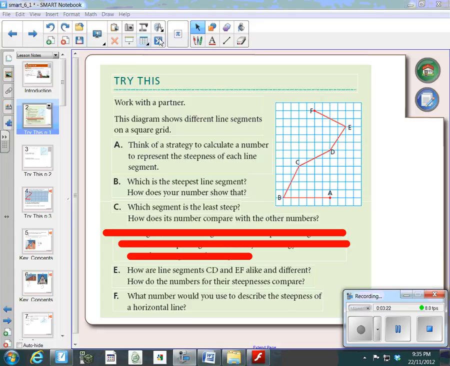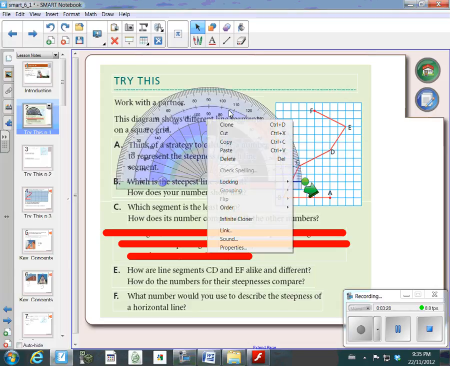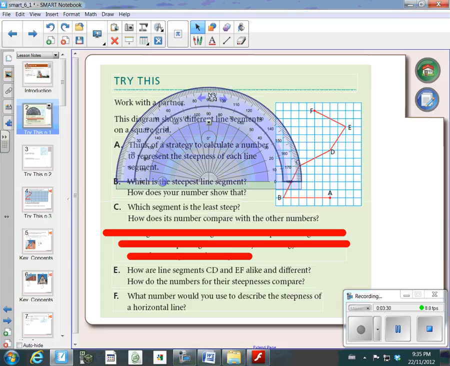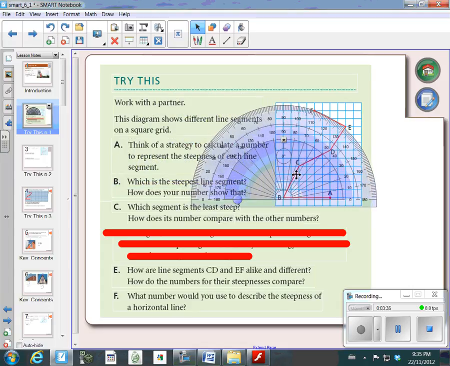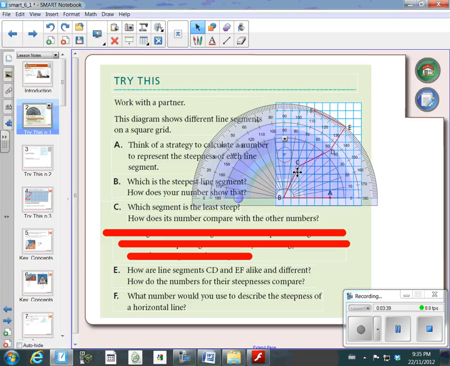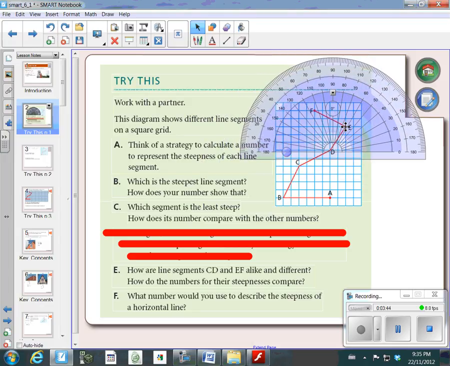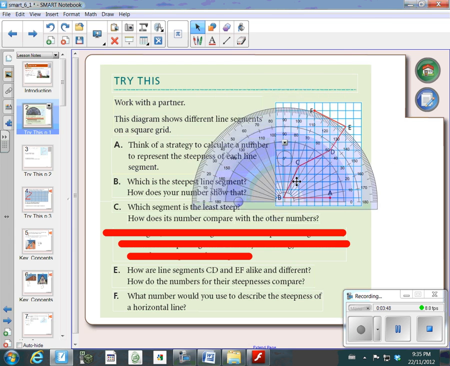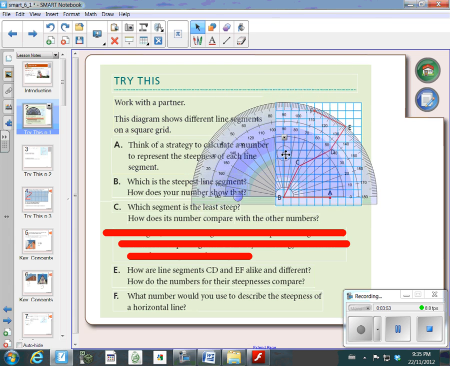Because I have this fancy smartboard, I'm going to put this protractor up on the screen and move it over here. As you can see, that line from B to C on my protractor is a little less than 70 degrees. D to E is more like around 62 degrees. Those being the 2 steepest lines, the protractor shows me that BC is the steepest.